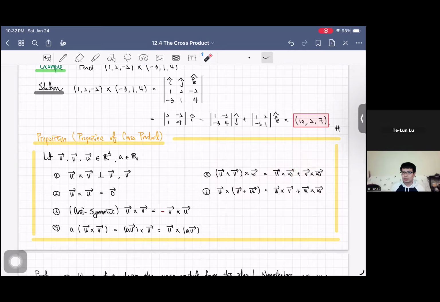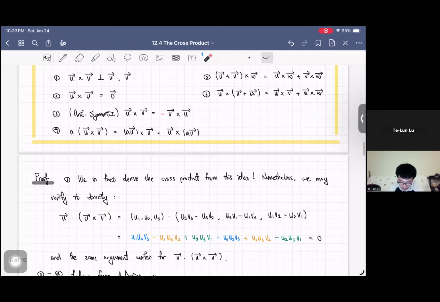Since for now, the two positions are not symmetric, I state this twice. This is not equal to this because this is not equal to v plus w cross u, right? So I state this twice to make sure that we know actually they are anti-symmetric, not symmetric, okay?